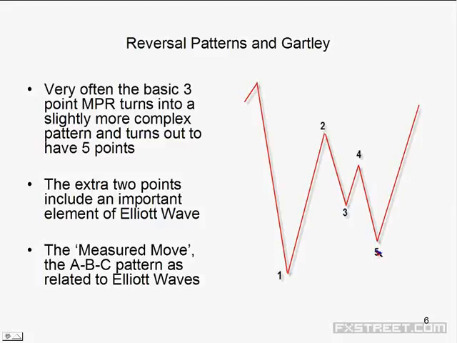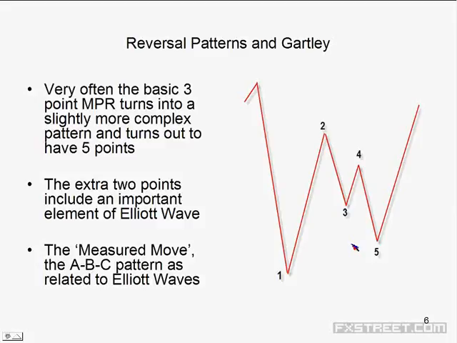So ideally, the trader is going to see this move down from 2 to 3 and then the rally up to 4. And provided that trader can spot the reversal down to continue the trend, they can be reasonably well assured that the distance traveled from 4 to 5 is going to be much the same as 2 to 3. Sometimes it's going to be a Fibonacci multiple of it, but look for those measured moves, those ABC patterns, and they just crop up time and time again.